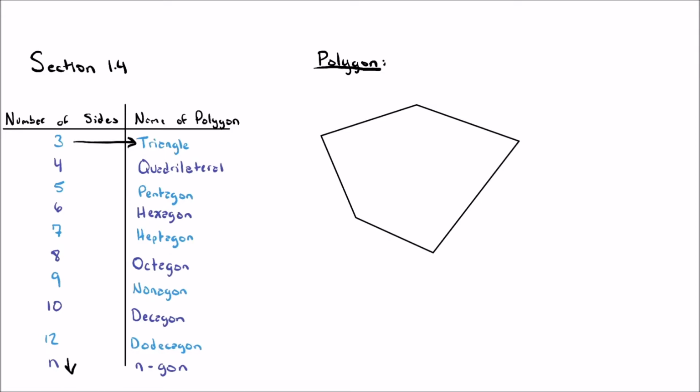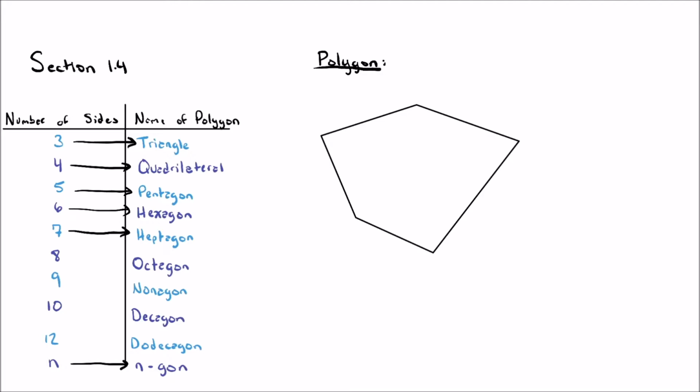Now each polygon has a name associated with it. 3 sides is a triangle, 4 sides is a quadrilateral, 5 is a pentagon, 6 is a hexagon, 7 heptagon, and so on and so forth. You may be familiar with an octagon, quadrilateral, and triangle already. Those are pretty familiar shapes. But if you don't know what to call it, you just count the number of sides and call it an n-gon.